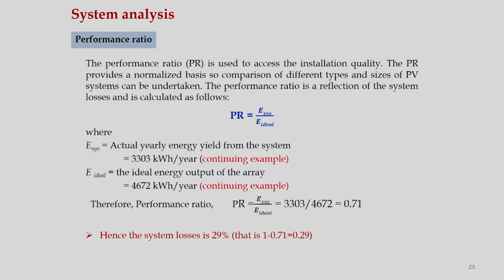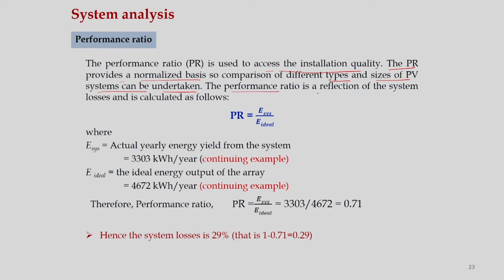Now, we are very much interested in the performance ratio. This is one of the critical parameters of a grid connected PV system. Once we calculate this performance ratio, from that we can confirm the amount of losses taking place in the designed PV system. This performance ratio is used to assess the installation quality. The performance ratio provides a normalized basis, so comparison of different types and sizes of PV systems can be undertaken, right.